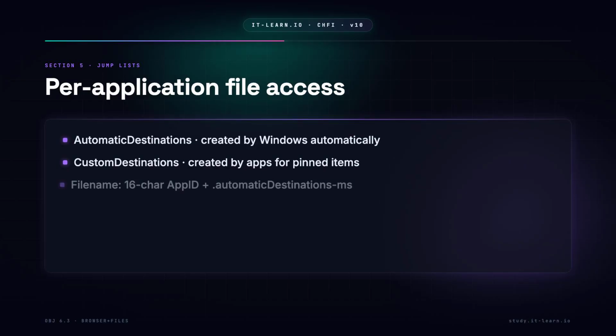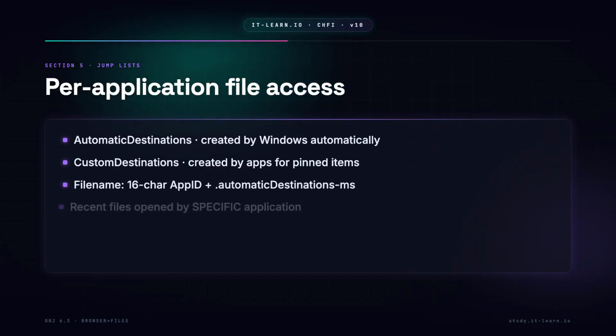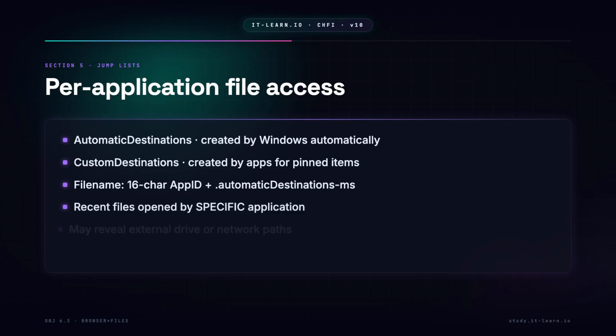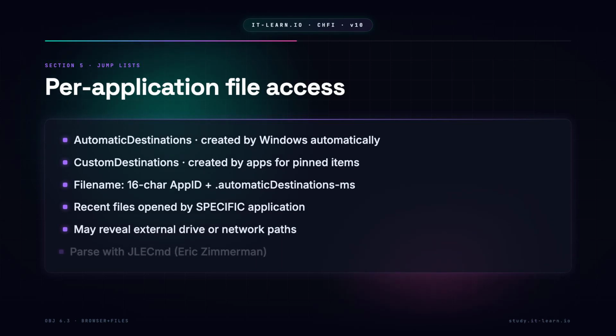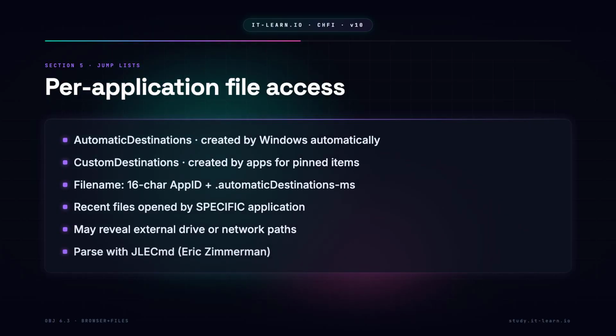Two types. AutomaticDestinations, at AppData Microsoft Windows Recent AutomaticDestinations, created automatically. CustomDestinations, at AppData Microsoft Windows Recent CustomDestinations, created by applications for pinned items. File name format: appid.automaticdestinations-ms. The app ID is a 16-character hex identifier for the application.